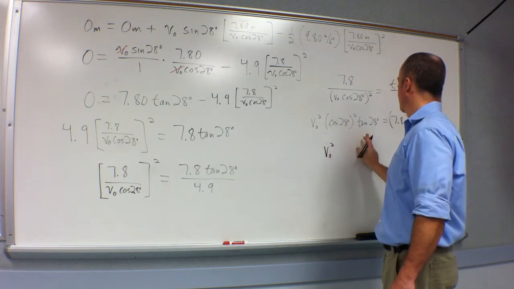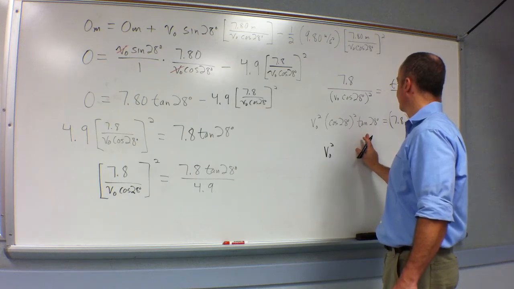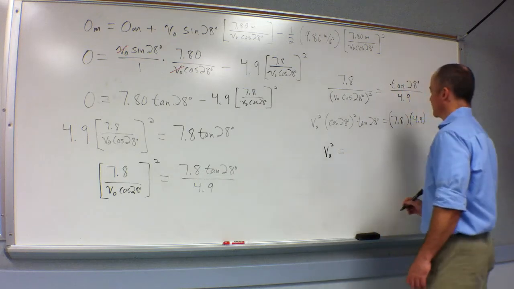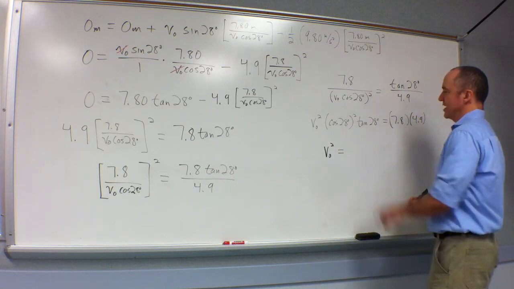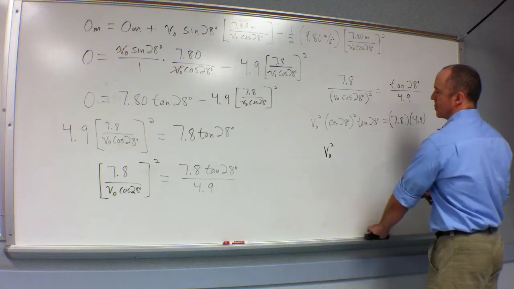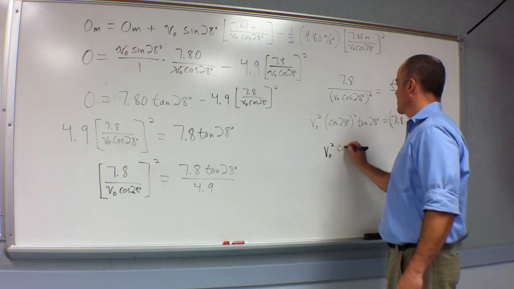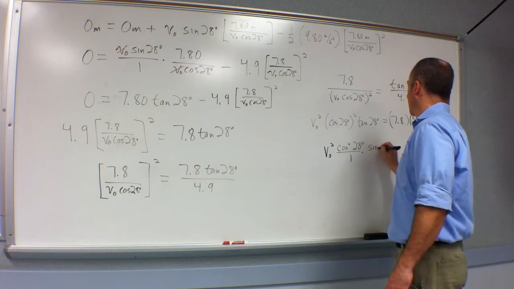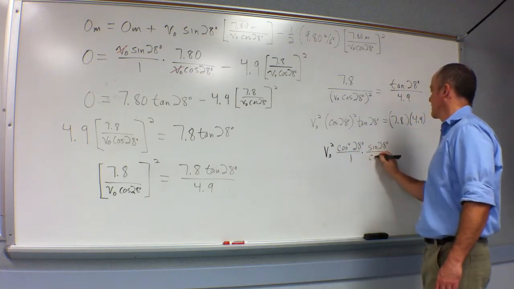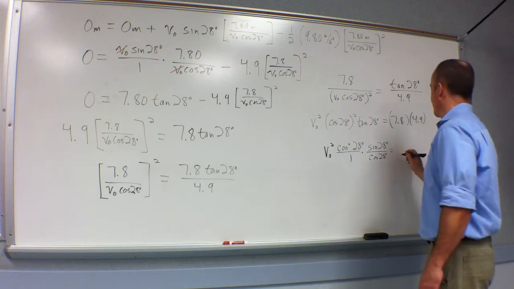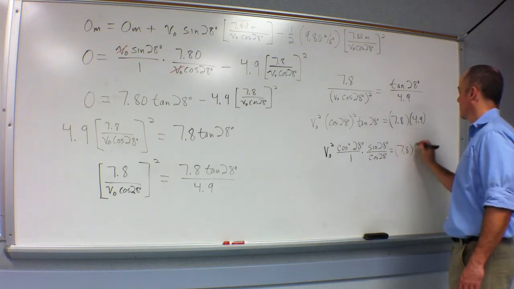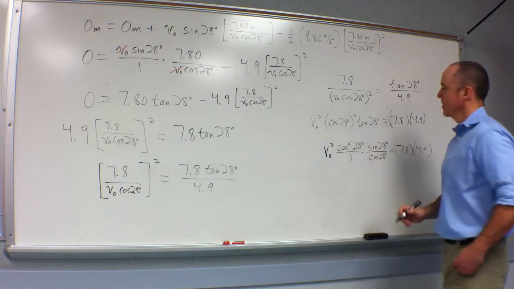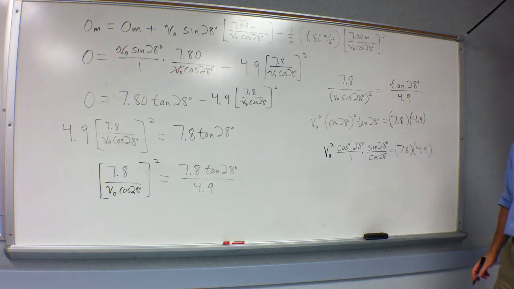So there's some more I could do with this. Basically reinventing something. You guys remember how tangent is sine over cosine? Mm-hmm. So if I have cosine squared 28 degrees over 1 times sine 28 over cosine 28, I can cross out one of those cosines, right?